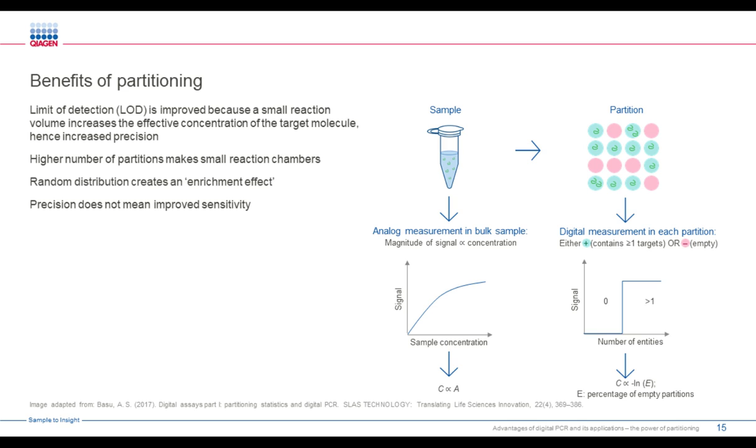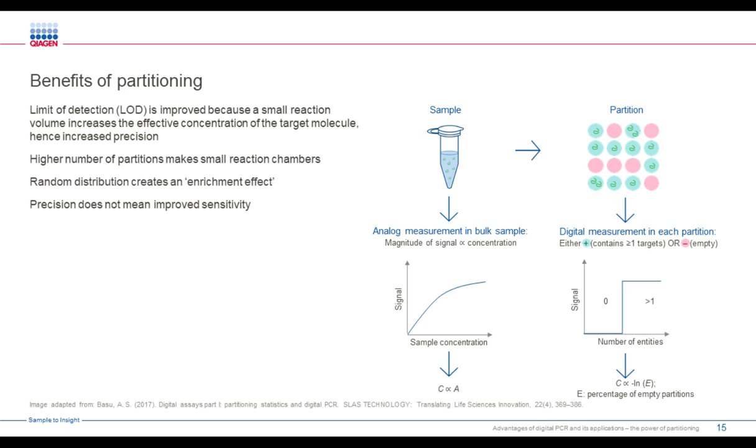The more concentration we have, the more light we have, and the stronger these CT values or CQ values are, they come up very early in a qPCR if you have a lot of product. When we do partitioning, it is different. Here we either have a signal or we don't have a signal, because we either have an amplification of our target or we don't.